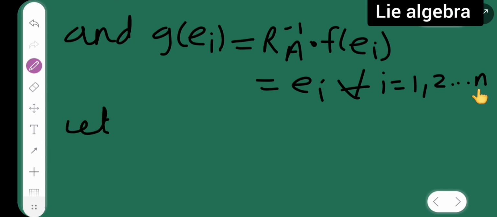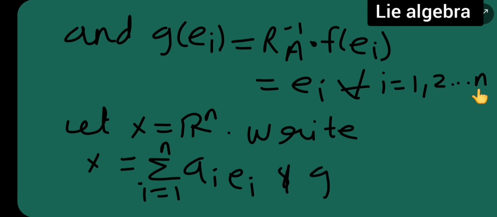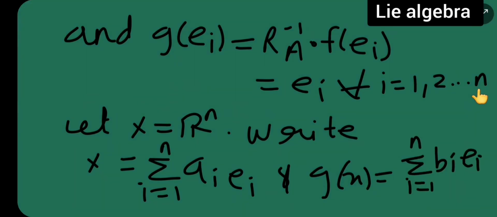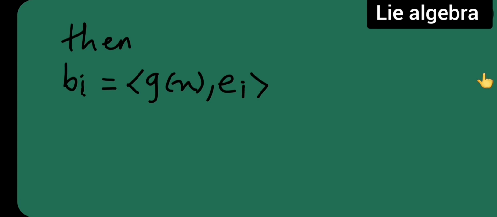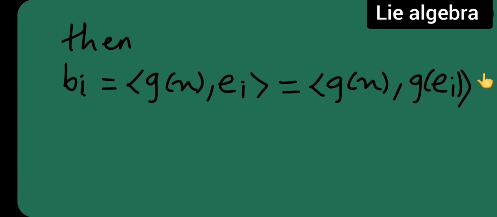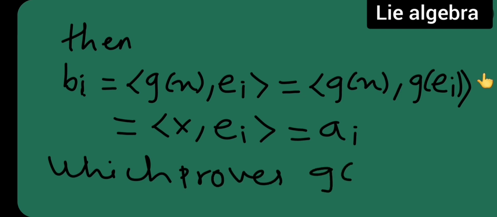Now let x belong to R^n, with x equal to the summation over i from 1 to n of a_i e_i, and g of x equal to the summation over i from 1 to n of b_i e_i. Then b_i is equal to the inner product of g of x comma e_i, which I can write as the inner product of g of x comma g of e_i, and this is equal to the inner product of x comma e_i, which is a_i. This proves g of x is equal to x.